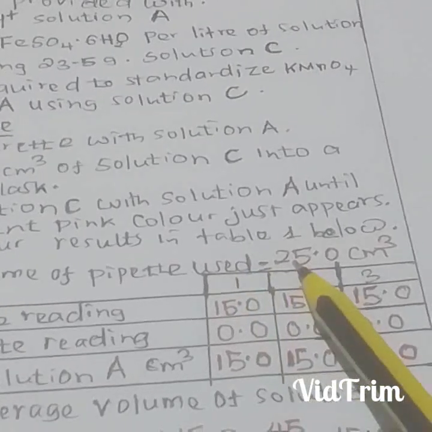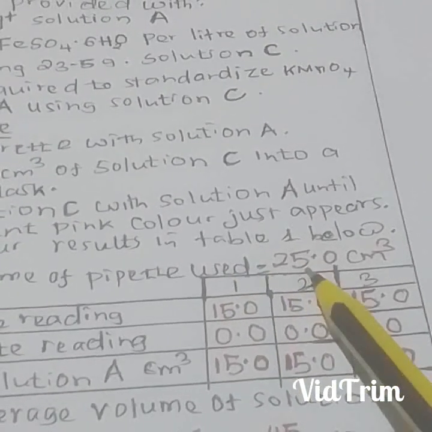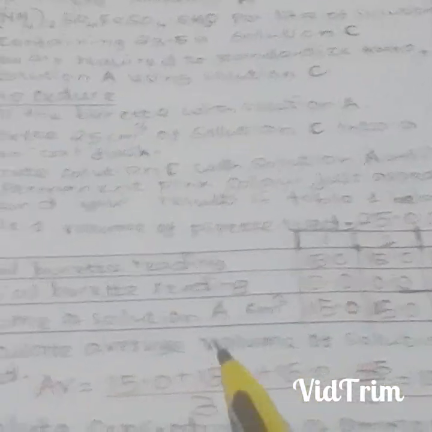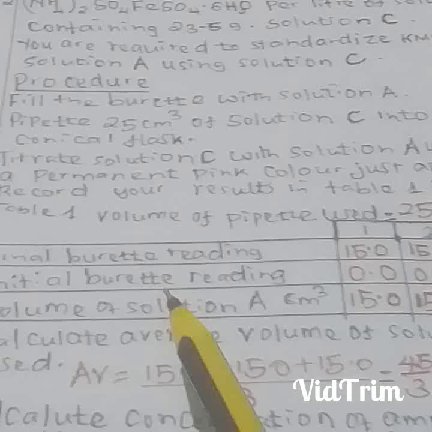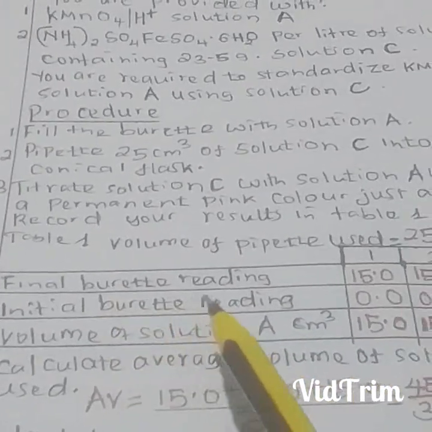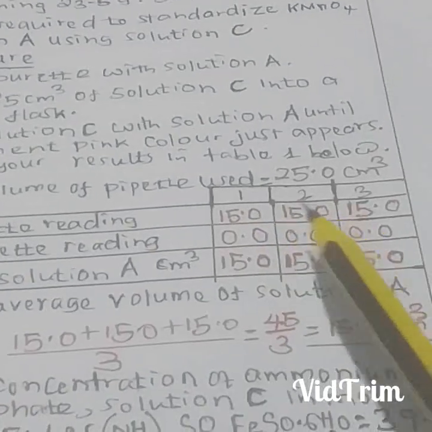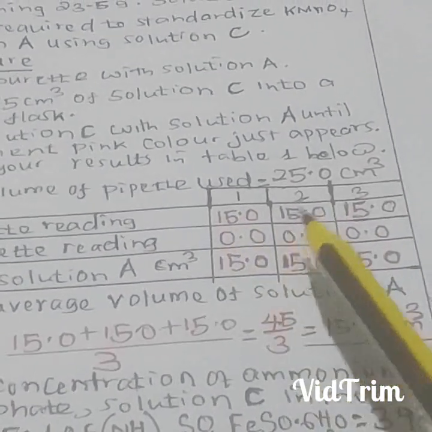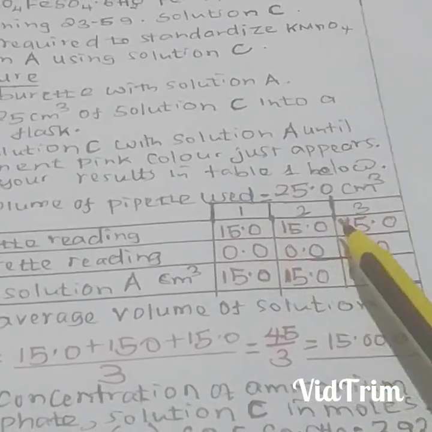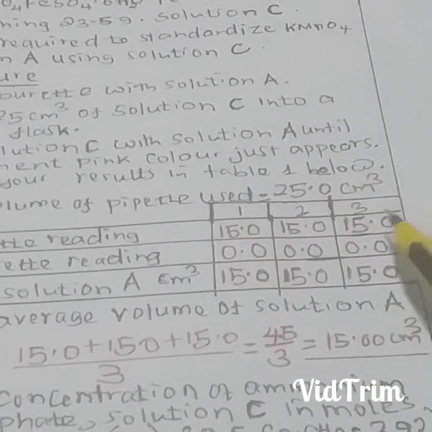In this case, the volume of pipette used is 25 cm³. Is it okay, my student? Then let us carefully look at and study this table. In this table, you have been given 3 columns of the titration: the first column, the second and third. So meaning you carry out 3 titrations.